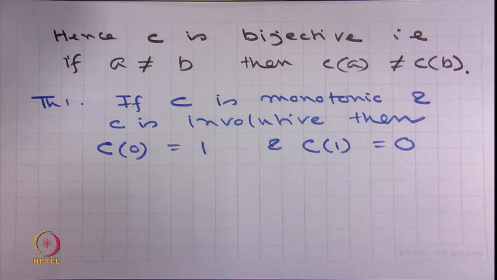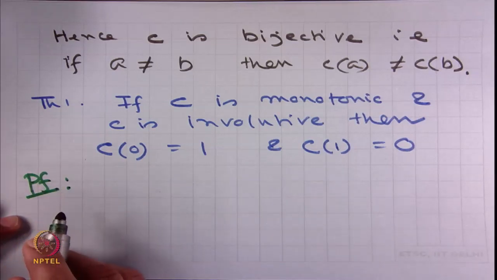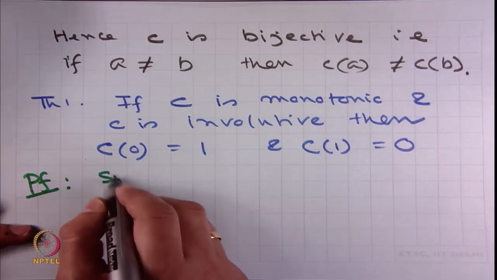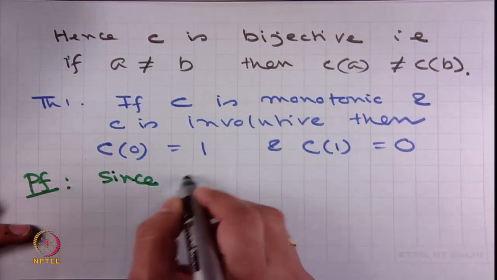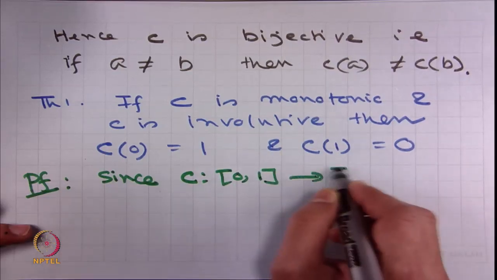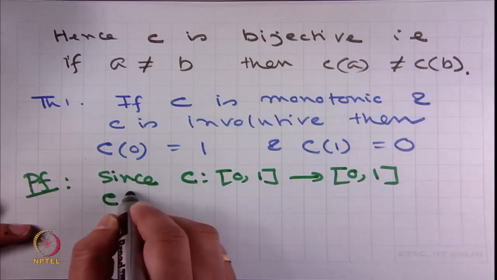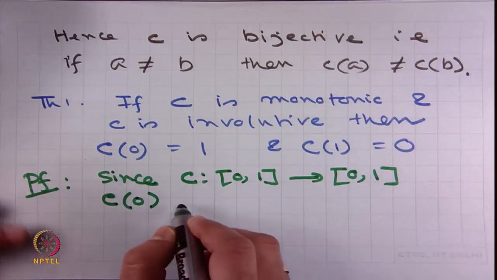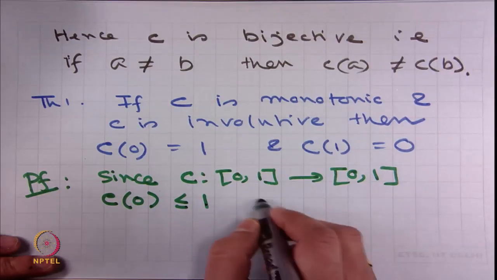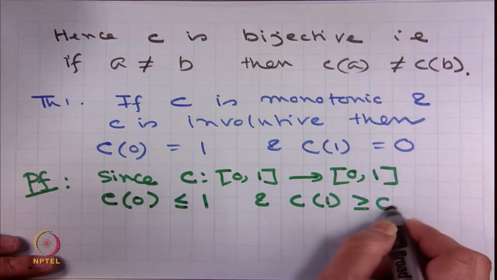Proof: since C is a mapping from [0, 1] to [0, 1], C of 0 is less than or equal to 1 and C of 1 is greater than or equal to 0.